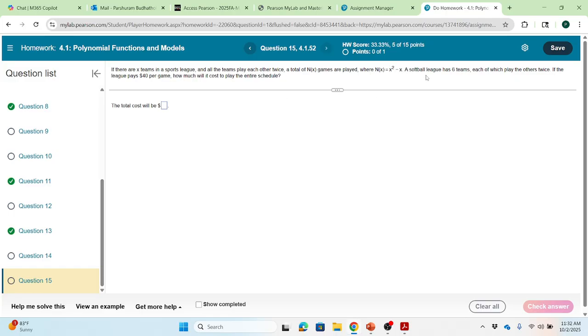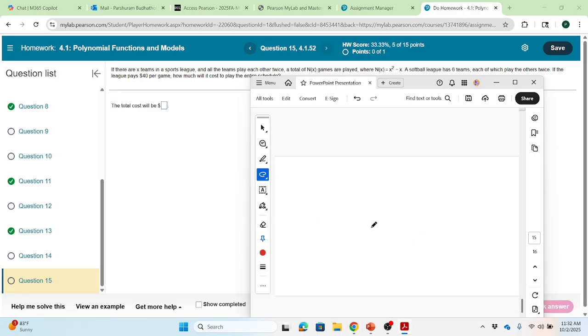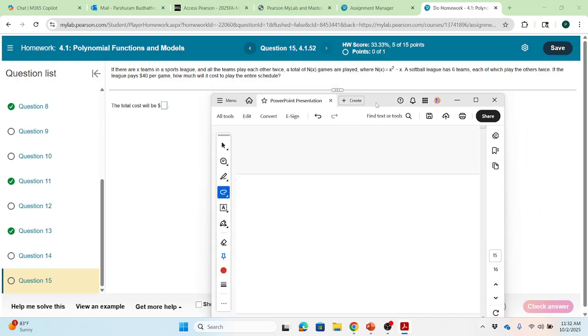A softball league has 6 teams, so the total number of games is the value at 6, which is 6 squared minus 6, which is 30. 36 minus 6 is 30. So the total number of games they have to play is 30, each team playing the others twice.